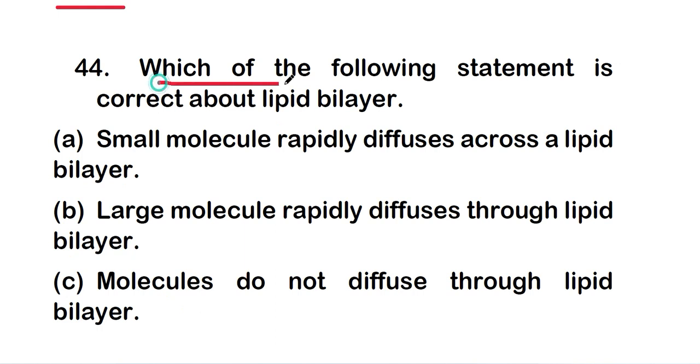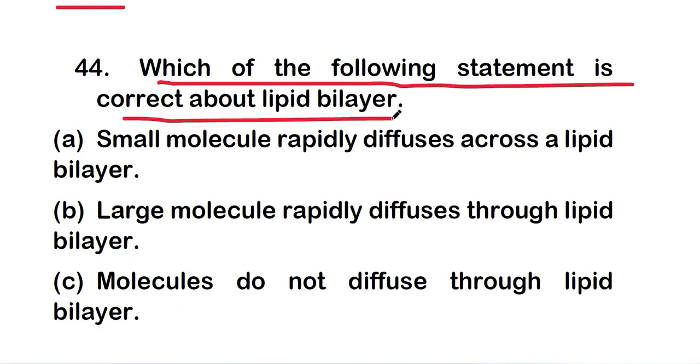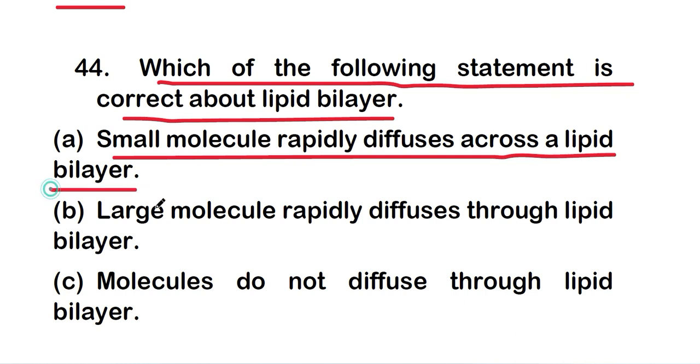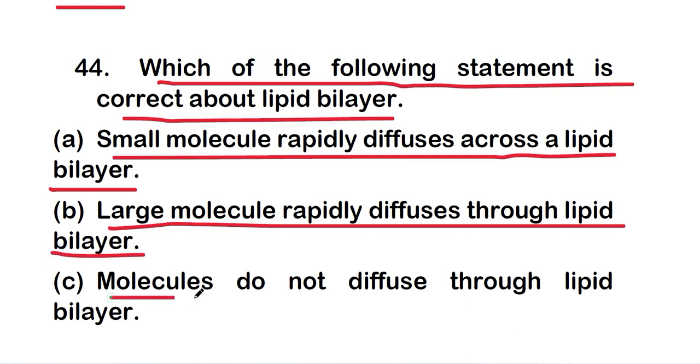So here, which of the following statements is correct about the lipid bilayer? And the options are: option A, small molecules rapidly diffuse across a lipid bilayer. Option B, large molecules rapidly diffuse through a lipid bilayer. Option C, molecules do not diffuse through a lipid bilayer.